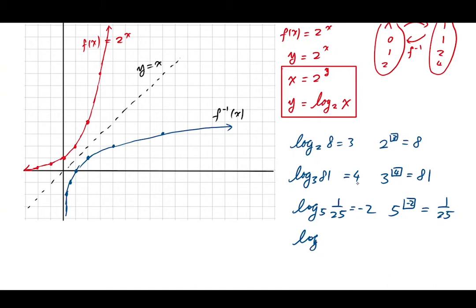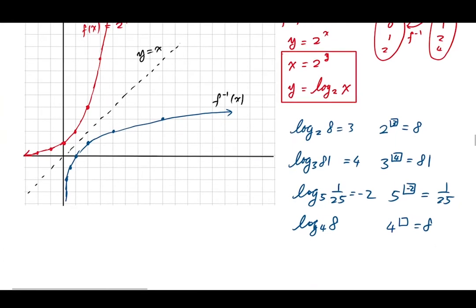Log base 4 of 8. 4 to the something power is equal to 8. Now we're stuck. When that happens, some of you can think, oh yeah, that's 3 over 2. In case you cannot think like this, just imagine some unknown number x.